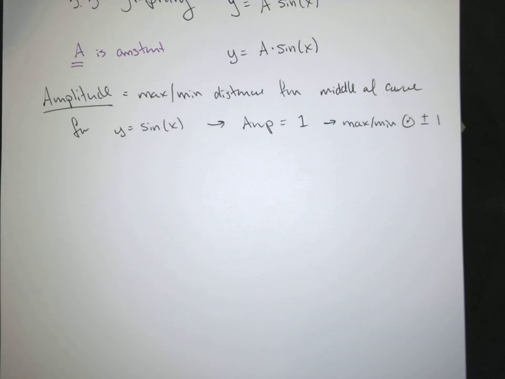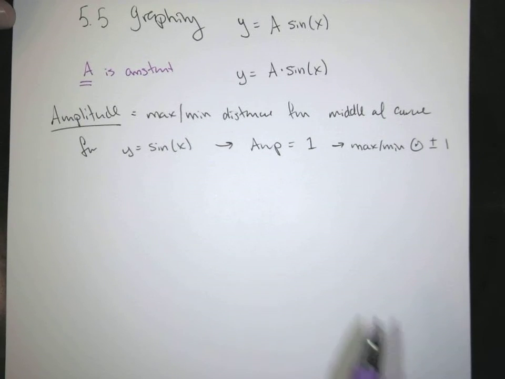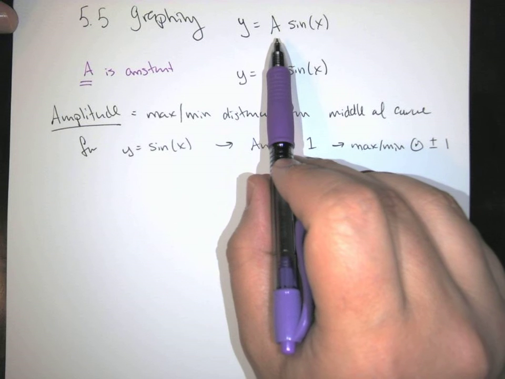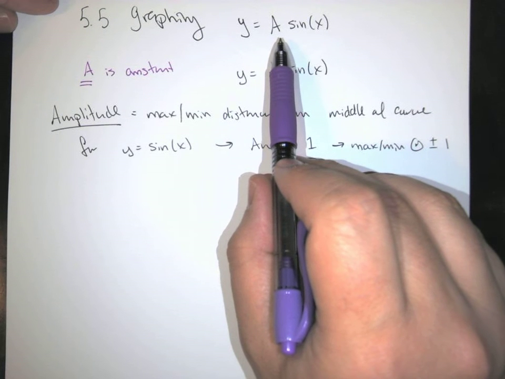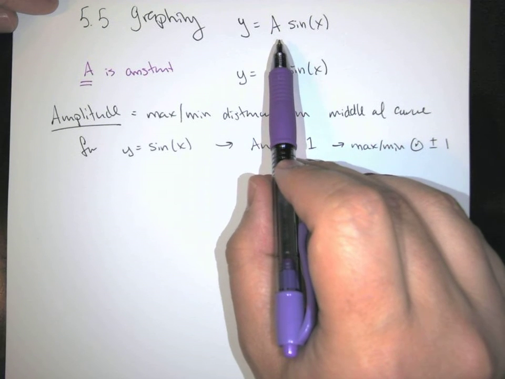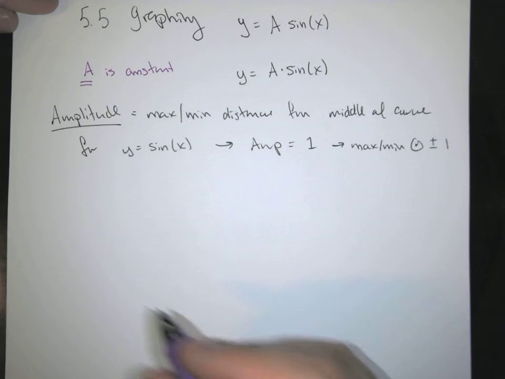So what's going to happen here is if I throw some sort of constant in front of my sine curve, if I multiply a function by some number out in front, it's going to be either a vertical stretch or compress.